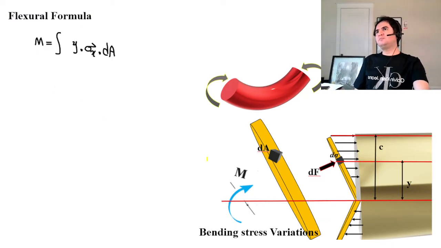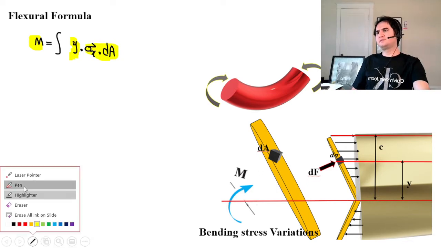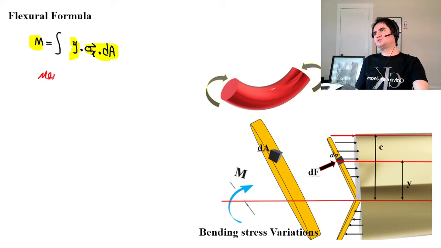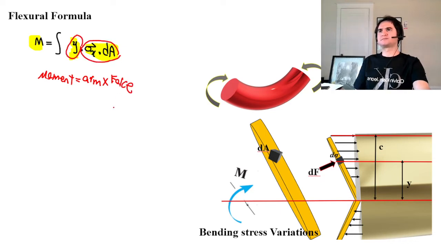So a bending moment is the integration of an arm times force. So a moment is equal to an arm times our force. So this is our arm and this is our force.